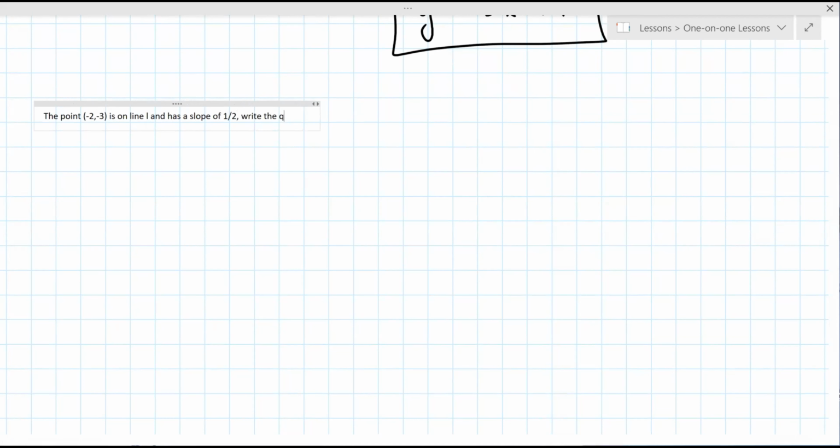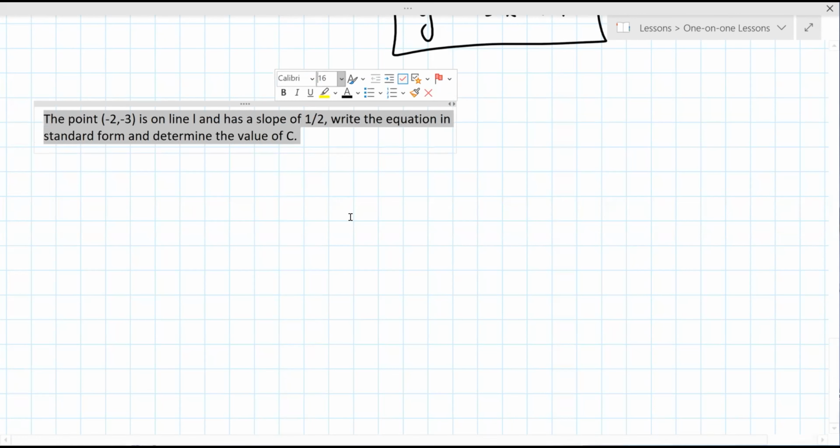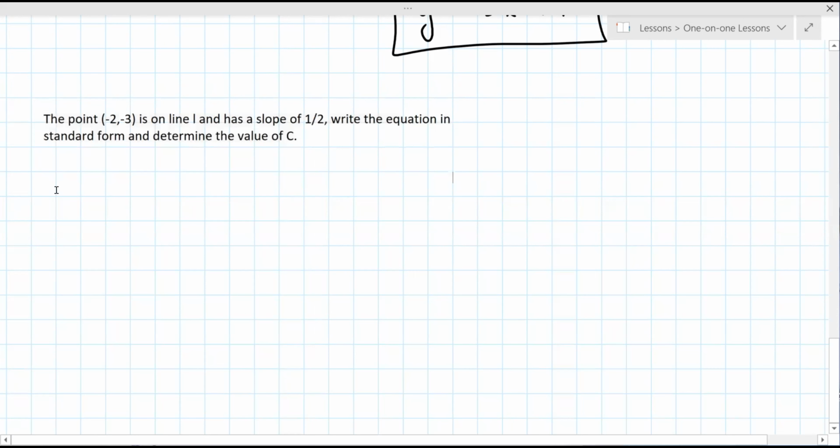Write the equation in standard form and determine the value of C. This is just a little takeoff from what we just did, but you have to choose which form of the equation you're going to start with, either point-slope form or slope-intercept form. I would recommend point-slope form, but it's totally up to you.